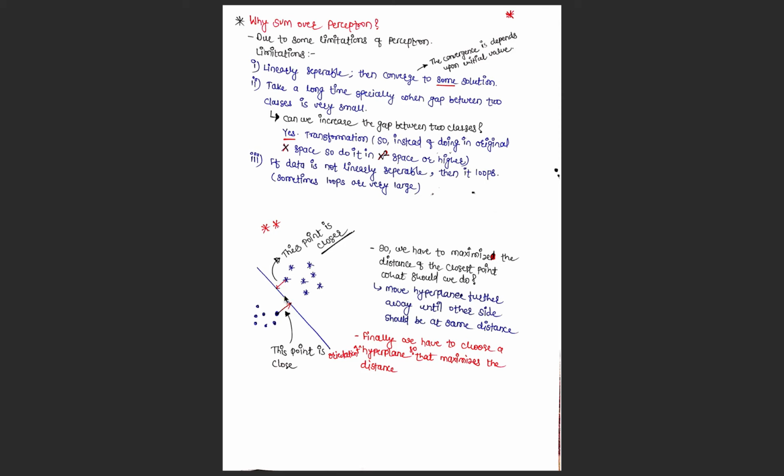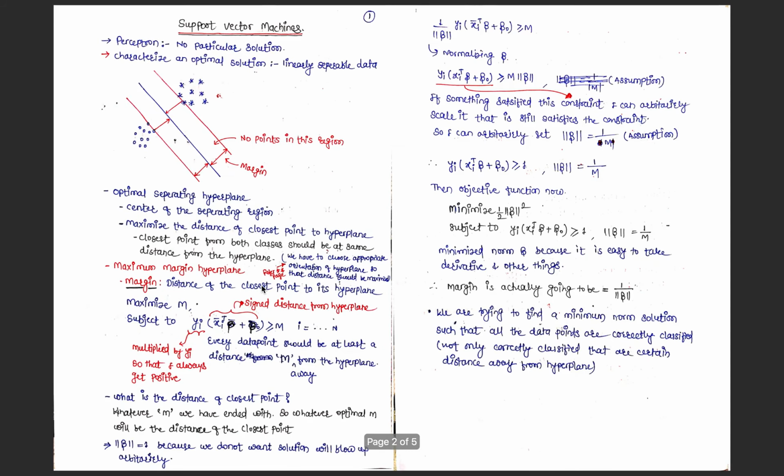So we need an orientation, because from both sides we need the same distance. So we move this boundary to this side, so that the distance on both sides is the same.